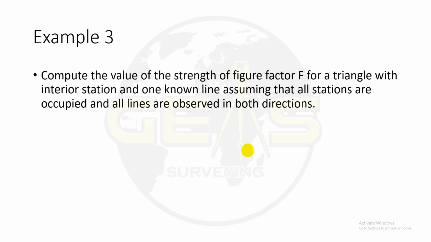Example number 3. Compute the value of the strength of figure factor F for a triangle with interior station and one known line, assuming that all stations are occupied and all lines are observed in both directions.